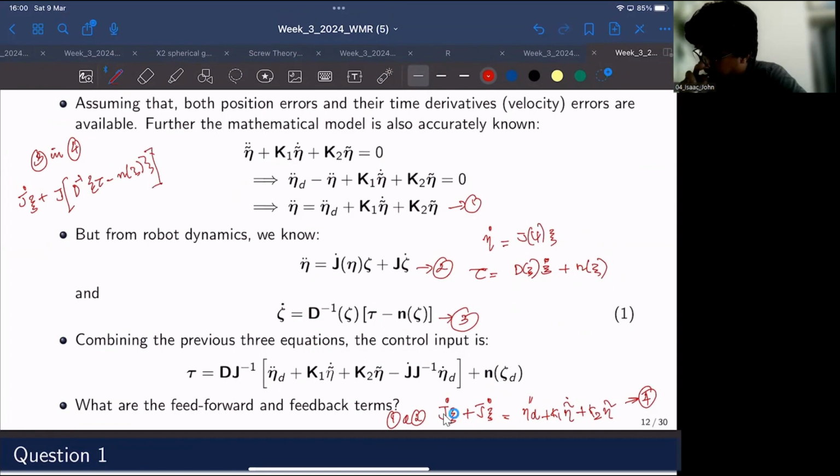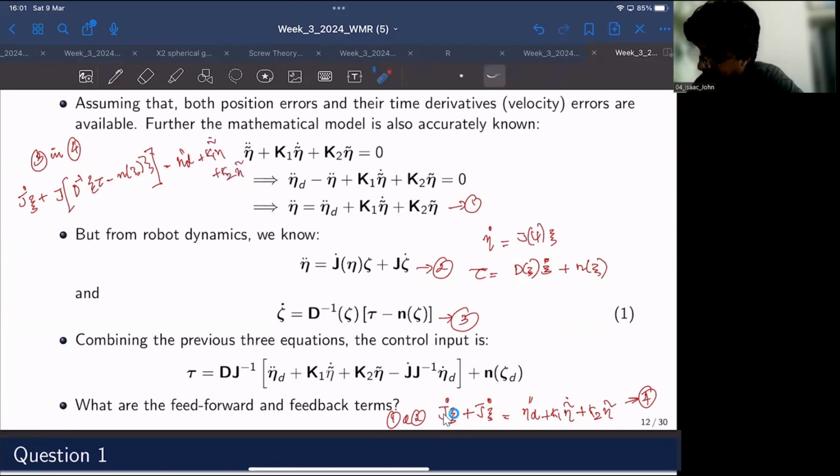Then what are the remaining terms? This would be equal to eta desired double dot plus K1 eta tilde dot plus K2 eta tilde.